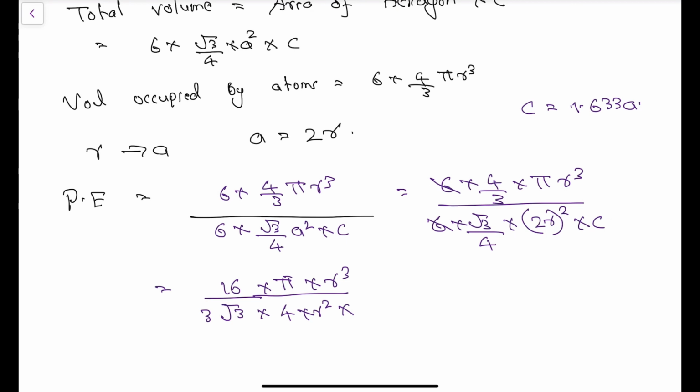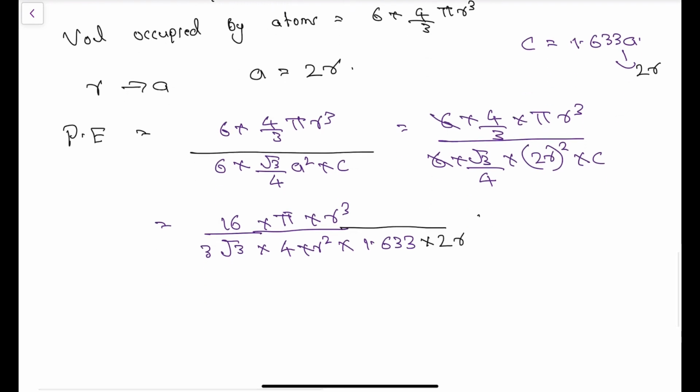C can be written as 1.633 into a. This a is equal to 2r. So this is 1.633 into 2r.